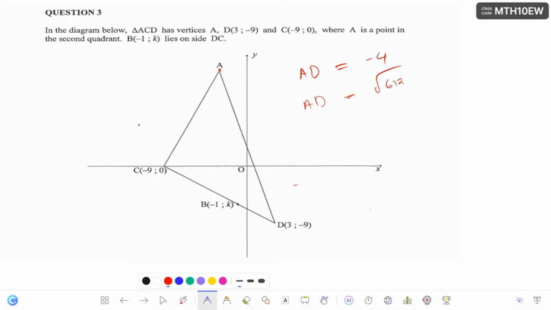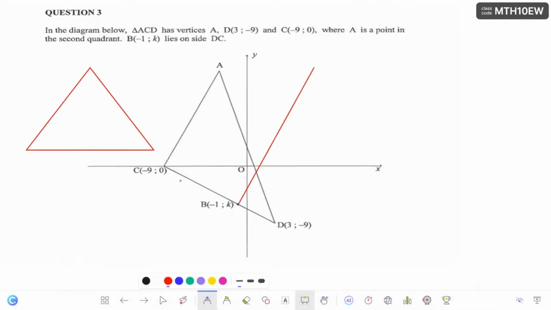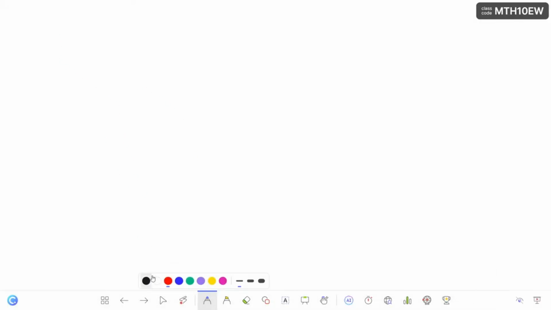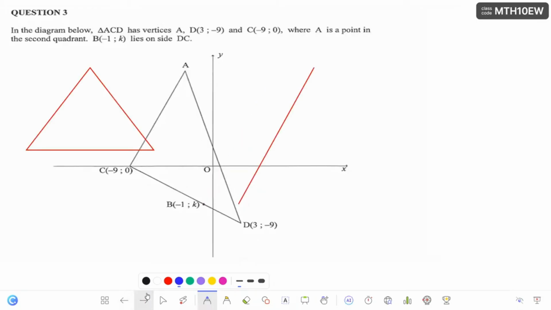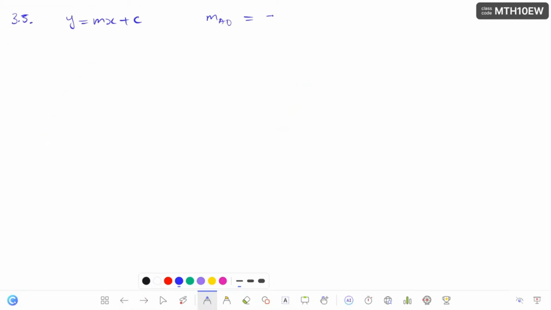So in order to calculate the coordinate of A, we are going to use simultaneous equations. We need to create our own simultaneous equations. So let me open a new page. We are given that y is equal to mx plus c, where the gradient of AD or DA is equal to -4.